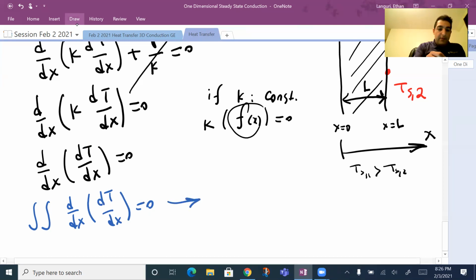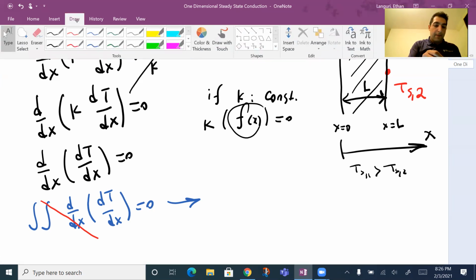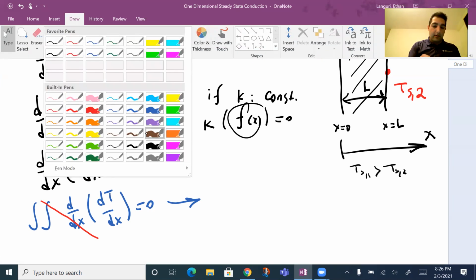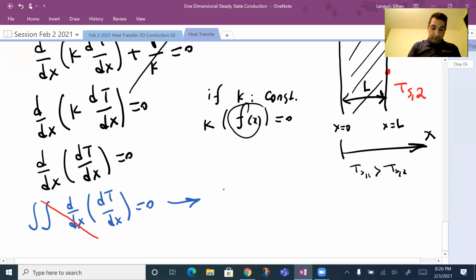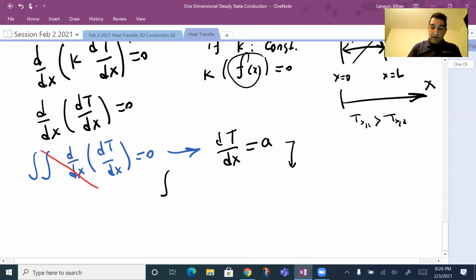So simply, the first integral gets rid of the first derivative. And of course, the integral of 0 is a constant. So we will have dT over dx equal to A, and then we go one step further and take the second integral.